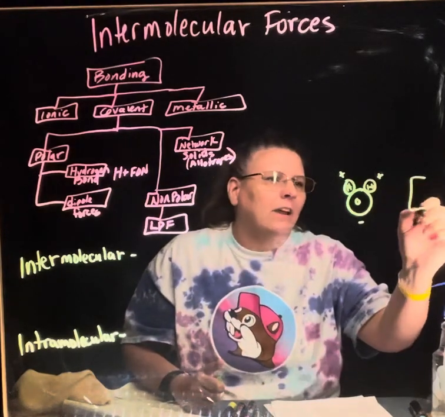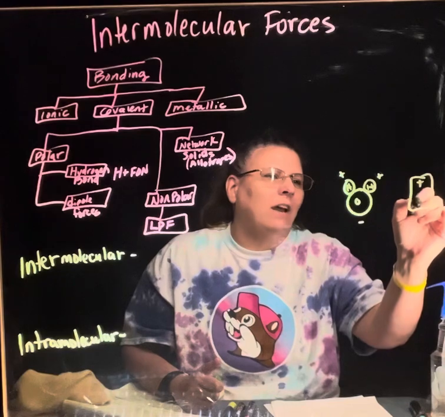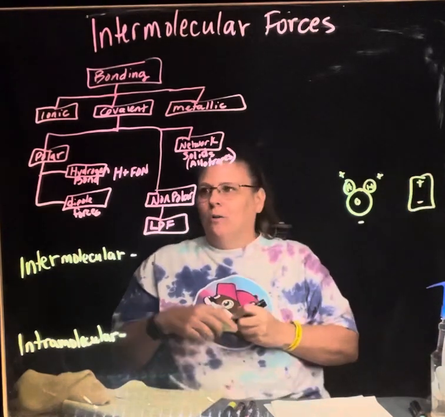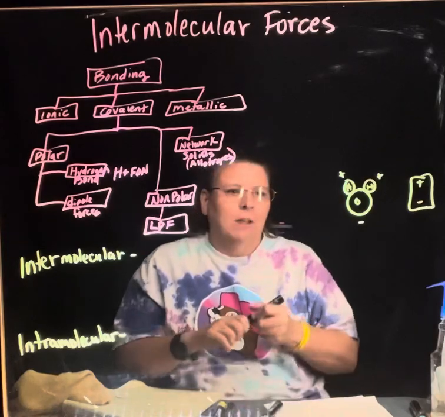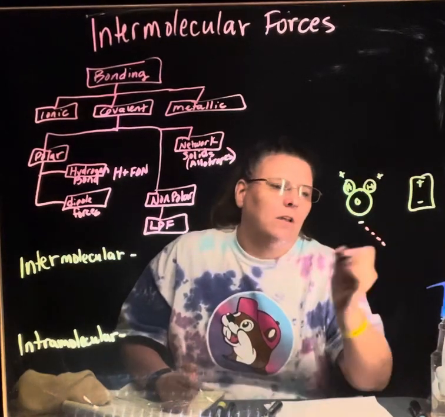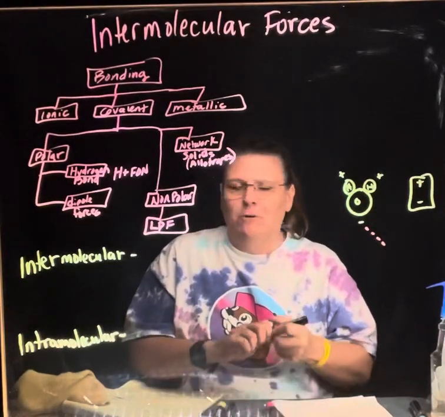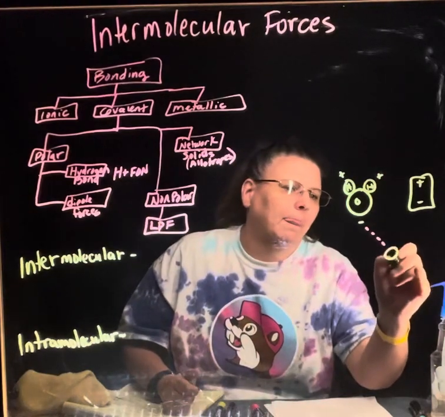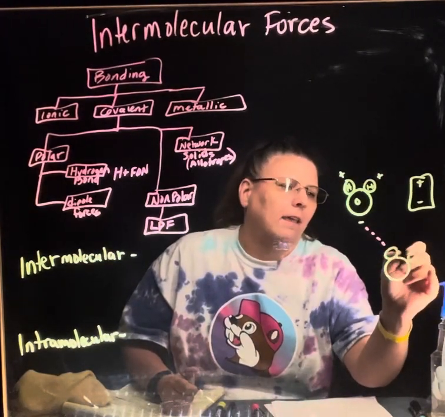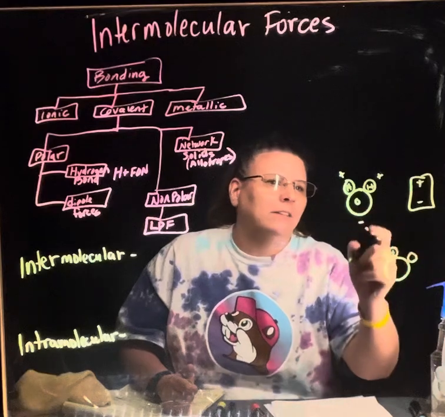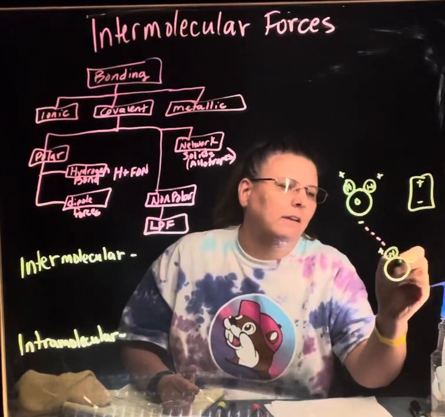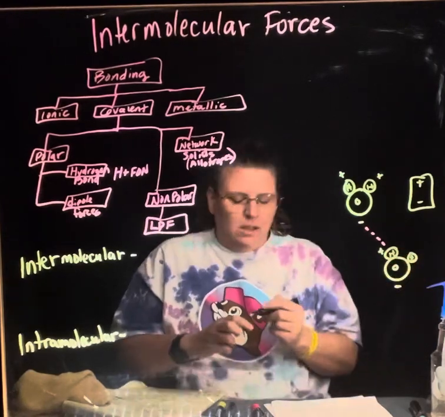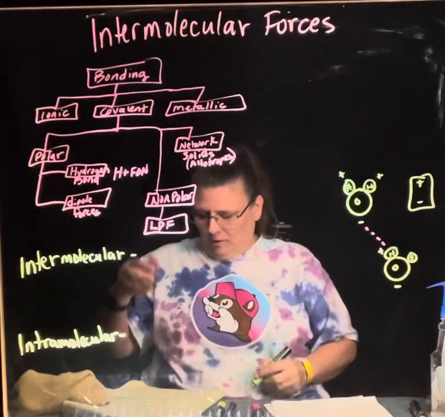So you could think of it like a magnet where you have a positive side and a negative side. And that's a polar molecule. So polar molecules will have a force that's holding them together, where the positive side is attracted to the negative side. Okay? So opposites attract.